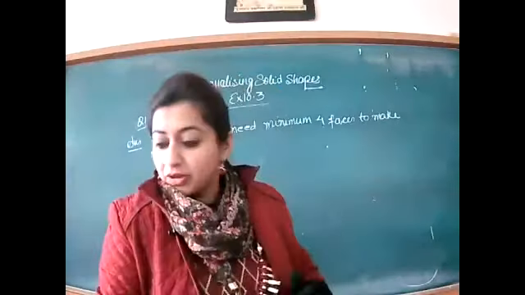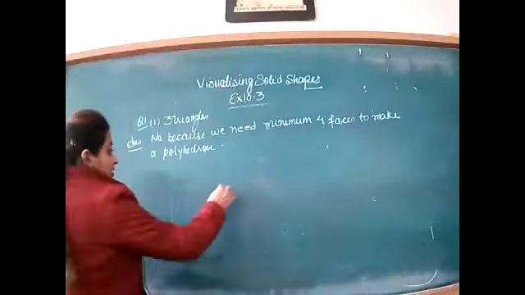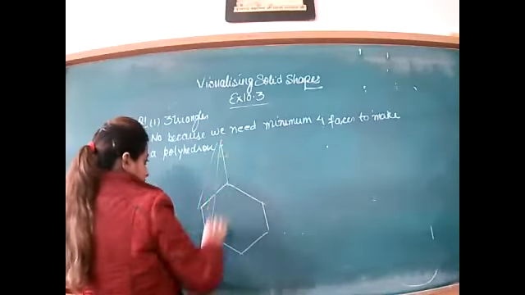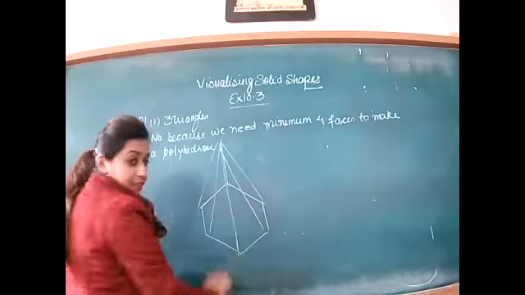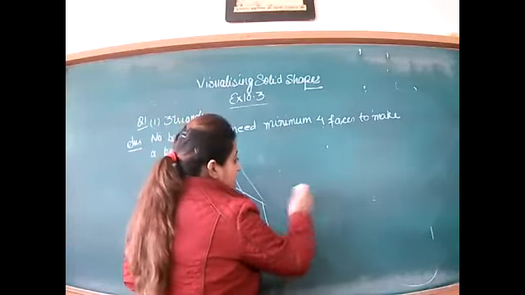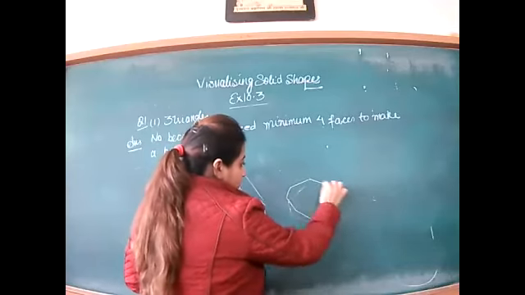When you increase the number of sides to 6, then 8, 9, 10, you keep increasing the sides.